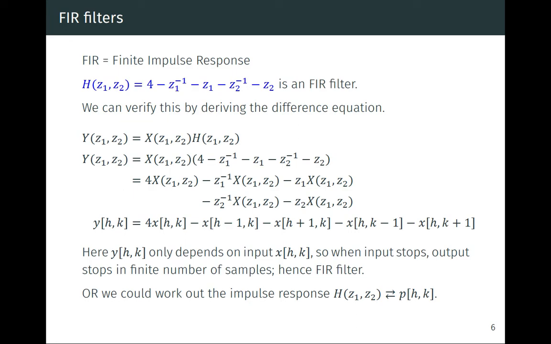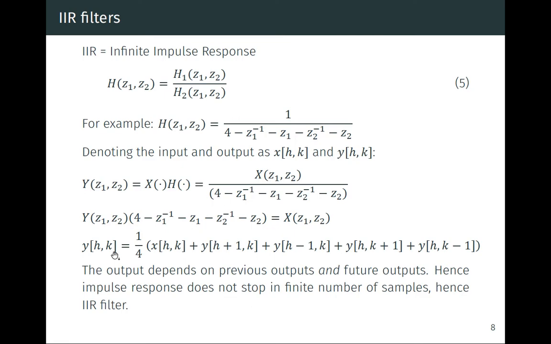You have a linear combination of these inputs, and then you get your output. In the IIR filter, you have an equation like that, but to compute the output at a particular point, you need to know the outputs at different locations as well. So they have a dependency on other previous or future computations of your sample.